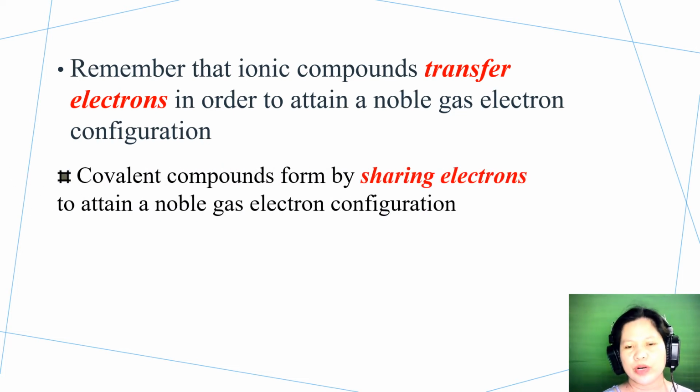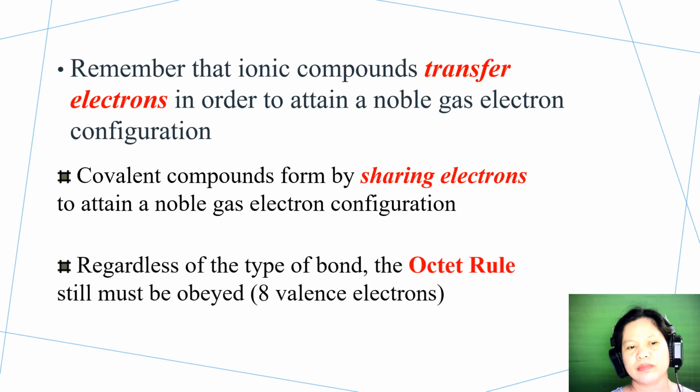But for covalent, there should be sharing of electrons to attain a noble gas electron configuration. So tatandaan po natin, ionic, there will be transfer, while covalent, there will be sharing. Okay. So regardless of what type of bond, the octet rule must be followed, or they obey the octet rule, except for helium, since helium has only 2.